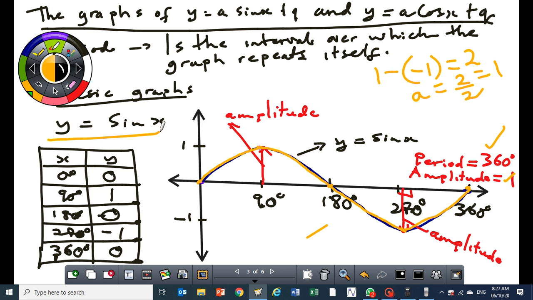So if you move this graph by 90 degrees to the left, this maximum turning point moves to the y-axis. And we end up having a new graph which is called the cosine graph. Always remember that sine and cosine are related. That's why if you understand sine, you should also understand cosine.